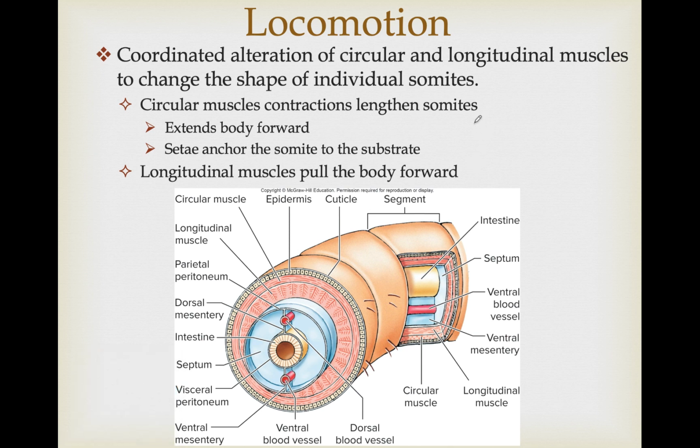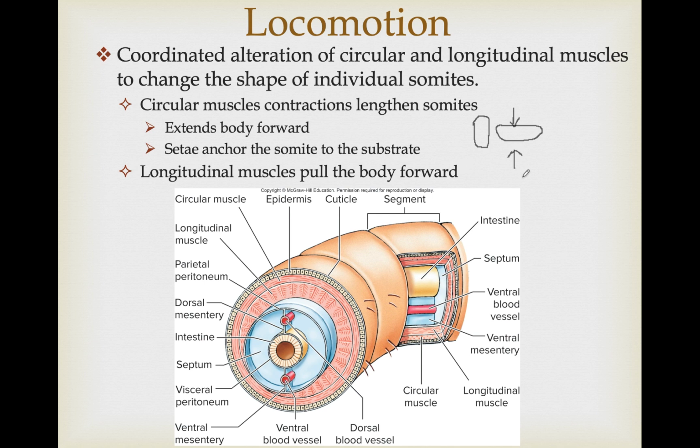This may not be pretty. So if we start off with a somite that's that shape, if we end up causing the circular muscles to contract, what it's going to do to the shape of this somite is it's going to make it extend like that, right? So the pressure associated with the circular muscles is going to cause it to pinch in like that.